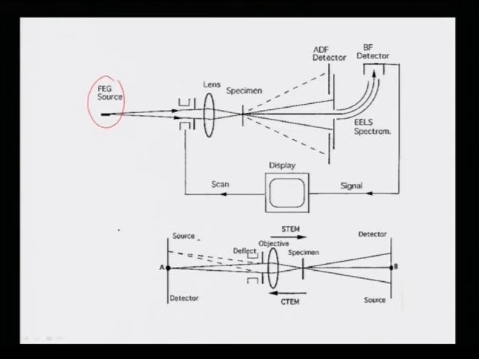This is mainly because all the scattered electrons outside the incident beam spot can be collected in STEM mode, and once we collect all the scattered electrons or diffracted beams, the intensity is sufficiently high that it gives us a very good collection efficiency.